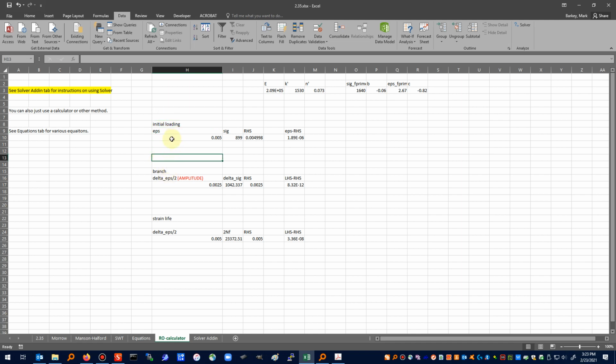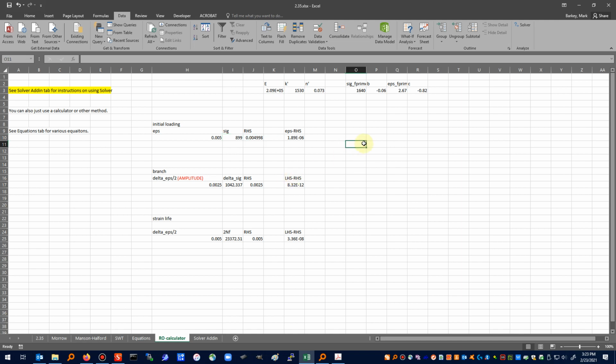My inputs are the strain and the amplitude into the branch equation, and these aren't necessarily the correct values. I also have the strain life equation, and we're going to talk about that too. But here are my material properties. Notice that my E is written in megapascals to be consistent with the K prime and the values of stress that I'm going to put in.